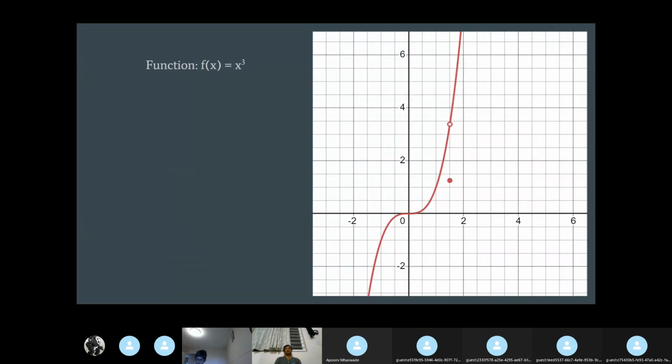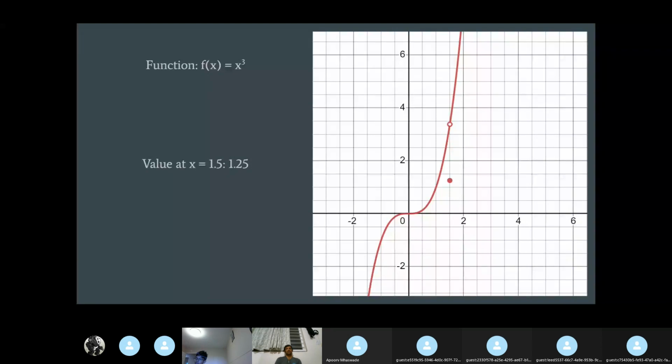But for x equal to 1.5, I've given f of x the value of 1.25. Now, what would be the value of this function at x equal to 1.5? 1.25. Yeah, because I defined it that way. Good job.